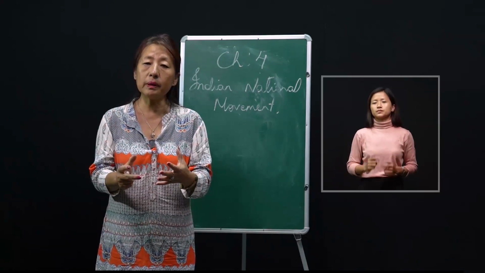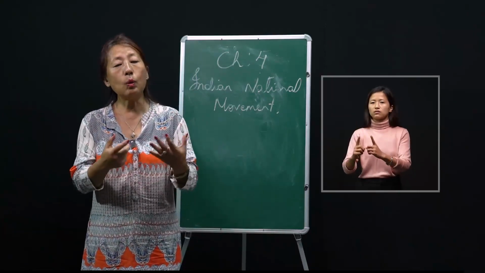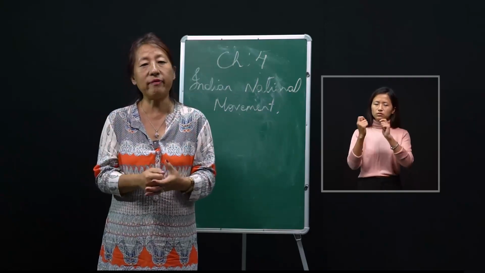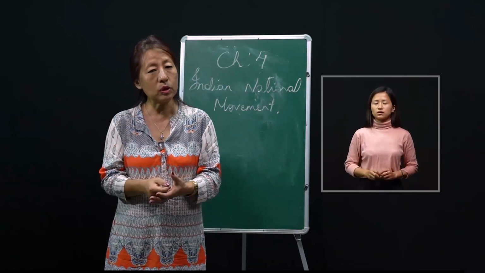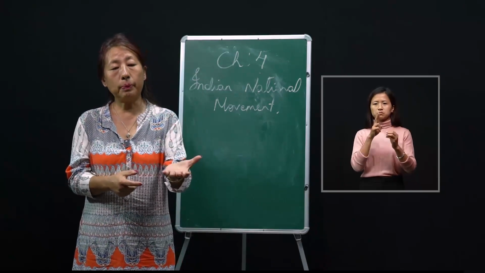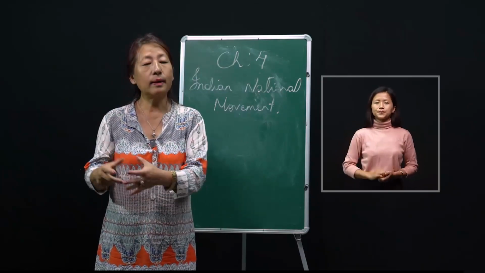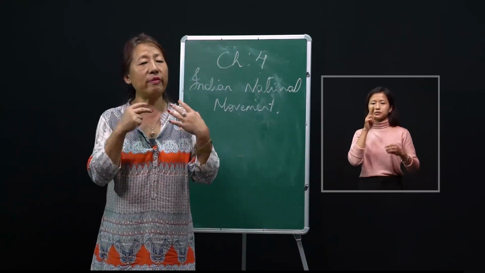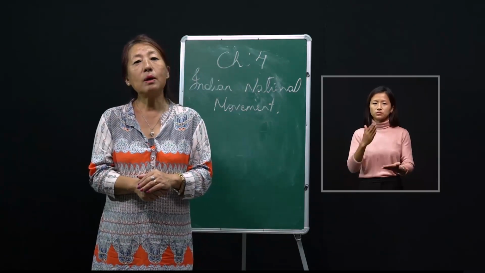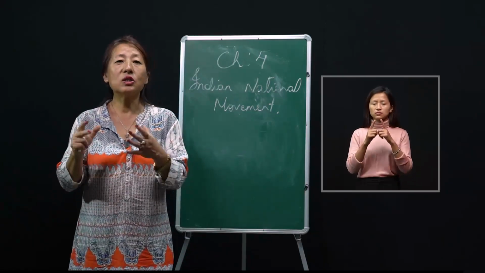So the common people didn't have anyone to guide them. They were leaderless, and so they turned very violent. They burned down houses, British officials were killed, and they bombed roads, bridges and so on. Because of that, the Britishers also used very harsh repressive methods in order to stop the movement. So all these we have discussed in this chapter.